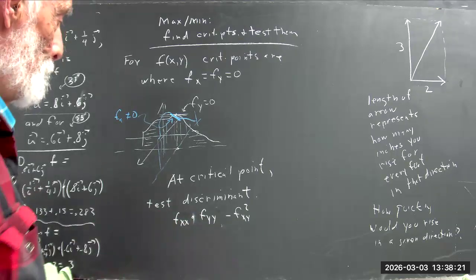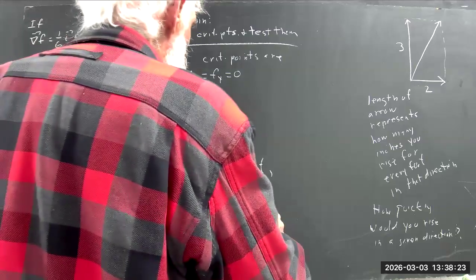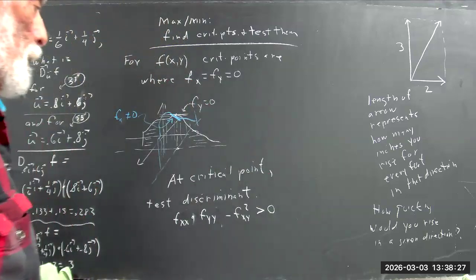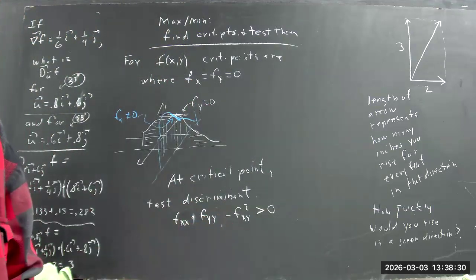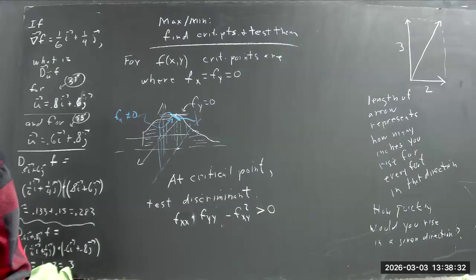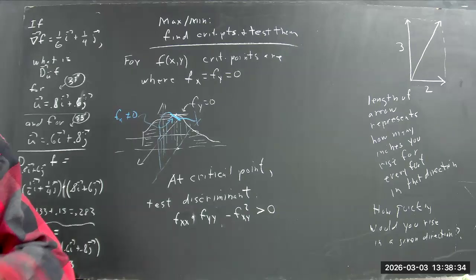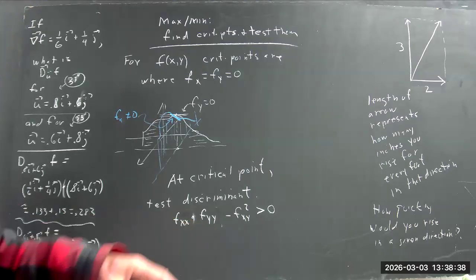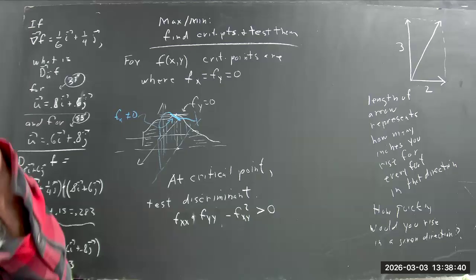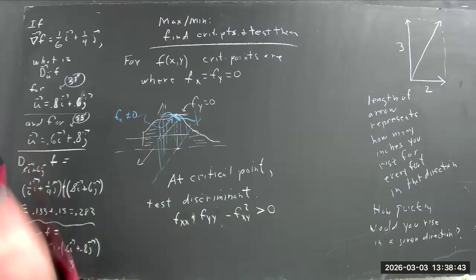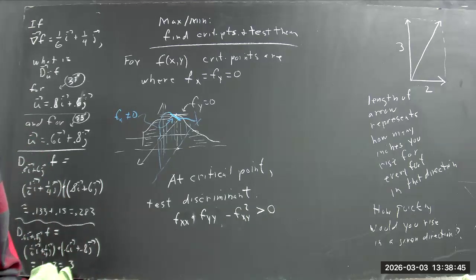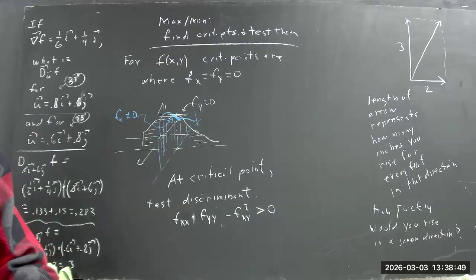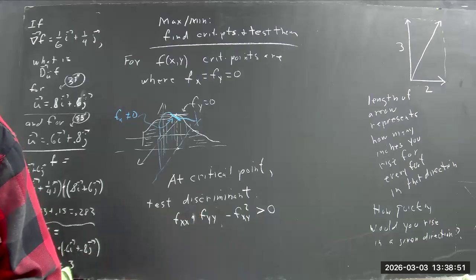Your test is that this has to be greater than 0. Then you have a maximum or a minimum, depending on the common sign of FXX and FYY. If FXX and FYY have opposite signs, that means in one direction you have concave down, in the other direction you have concave up, and there's your saddle point.